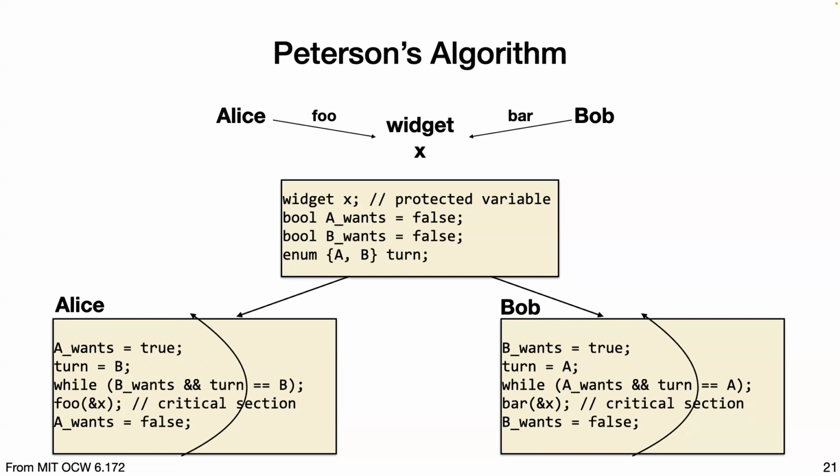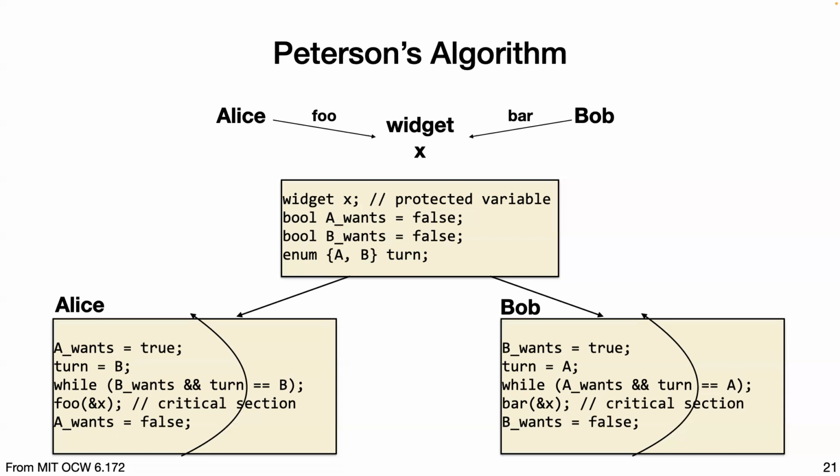This is saying that it's not her turn, and also that the other person wants to go. If both of these are true, then this thread has to wait. And if either one of them is not true, then she can continue. Either the other person doesn't want to enter the critical section, or it is her turn to go.